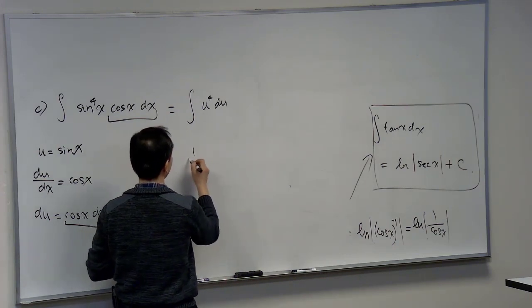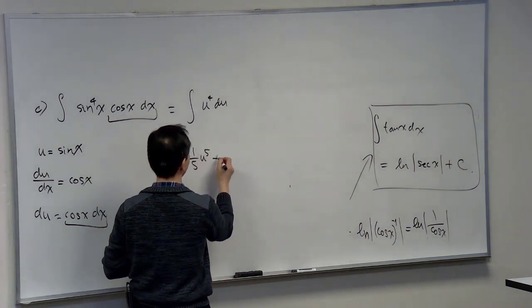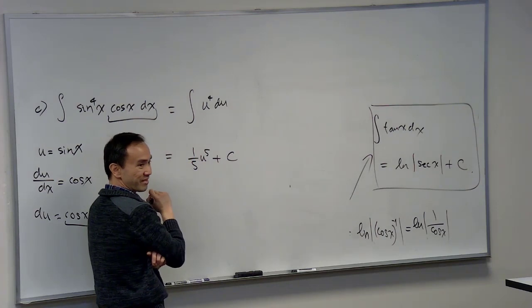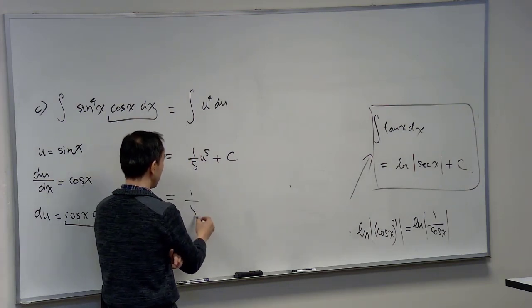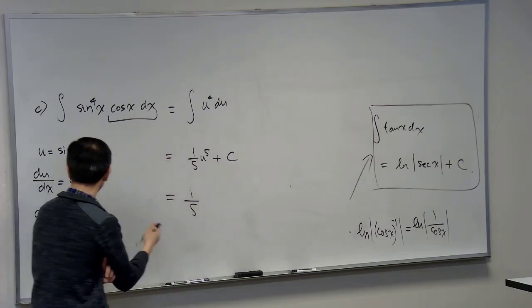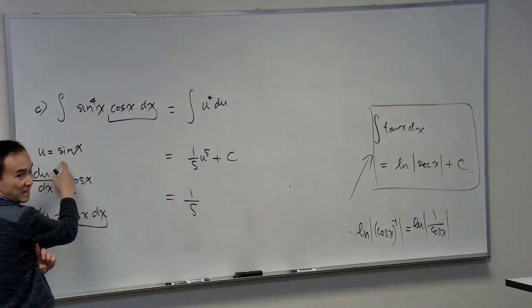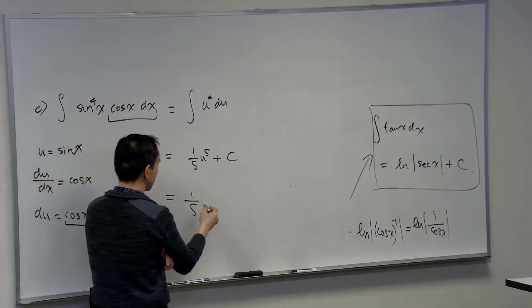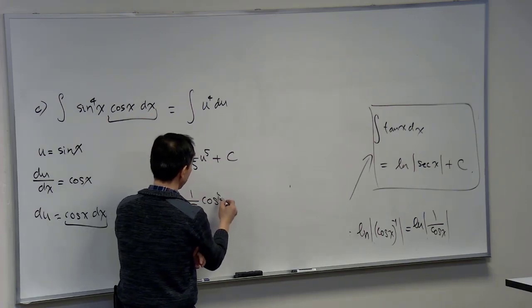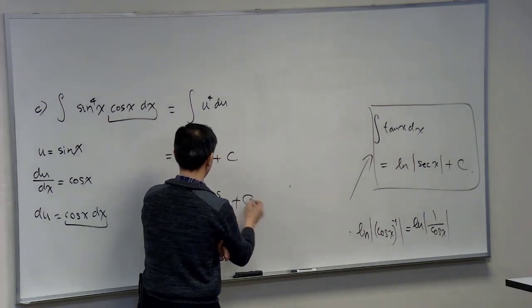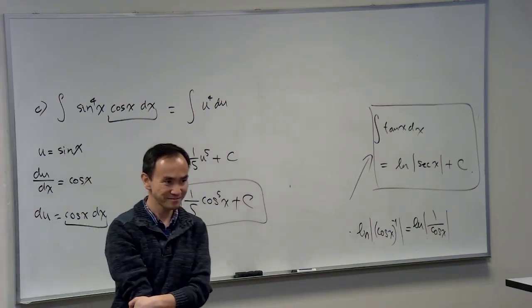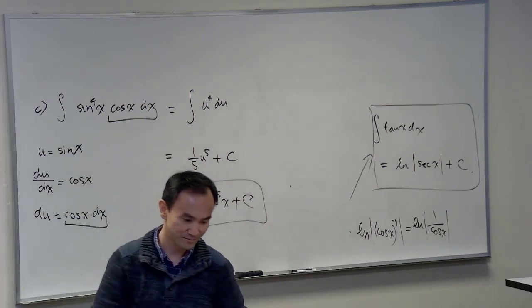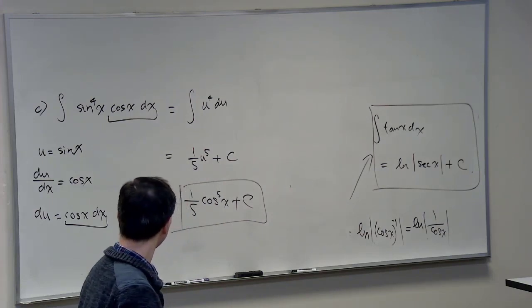We have 1/5 u to the 5th plus c. And at the end, of course, we definitely want to bring back our original variable. So now it turns out to be cosine to the 5th of x plus c. That's how it's done. What's that?